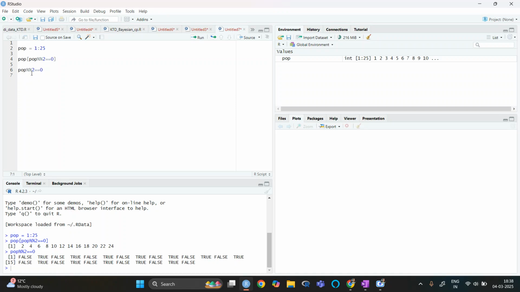But when I'm just checking whether it is divisible by 2 or not, it is giving me false, true, false, true, false, true.